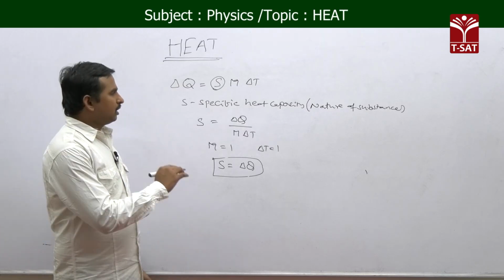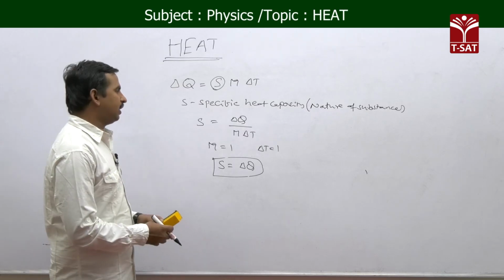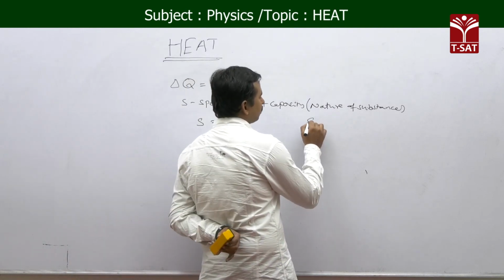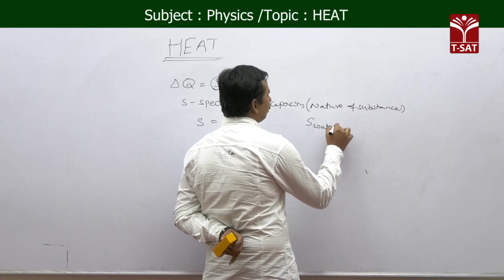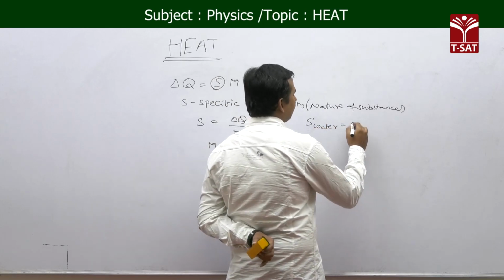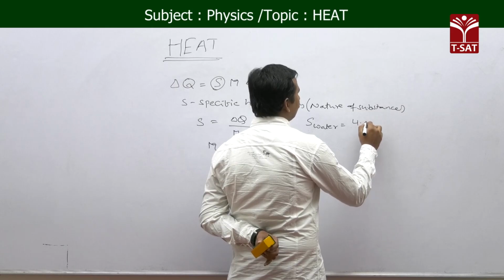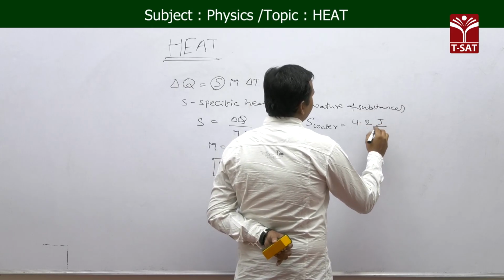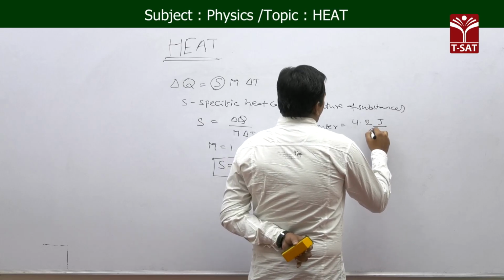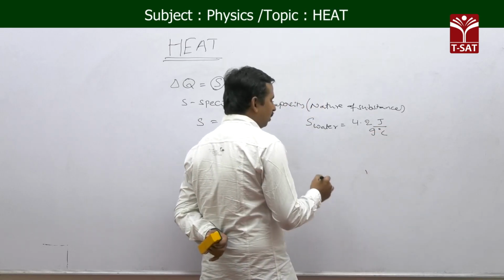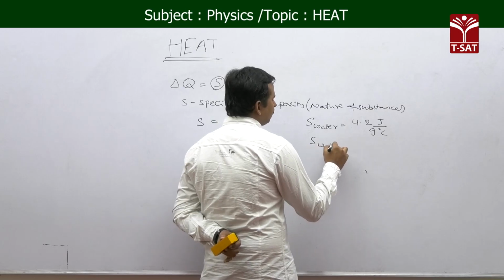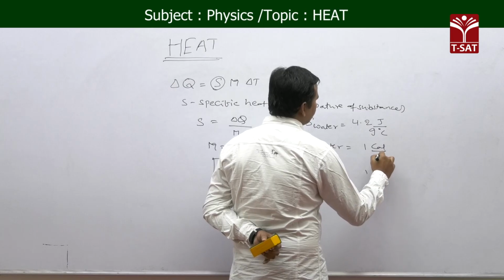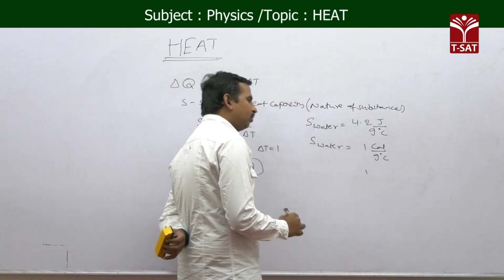Okay. Now, the best example for this specific heat capacity is the case of water. The specific heat capacity of water is equal to 4.2 joule per gram degree Celsius, or you can also write that the specific heat of water is 1 calorie per gram degree Celsius.